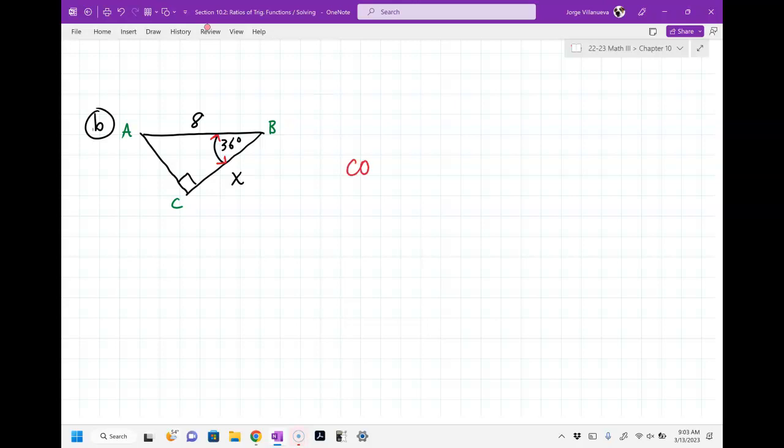So cosine of 36 degrees is adjacent over hypotenuse. So what's my adjacent side, x or 8? X, right? Because 8 is opposite the 90-degree angle. That's my hypotenuse. This will be x over 8. All right? Now you can get cosine of 36 on your calculator.